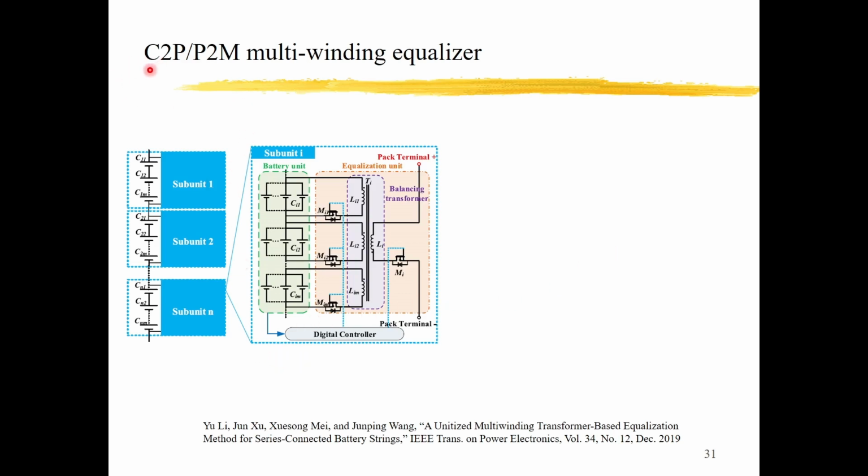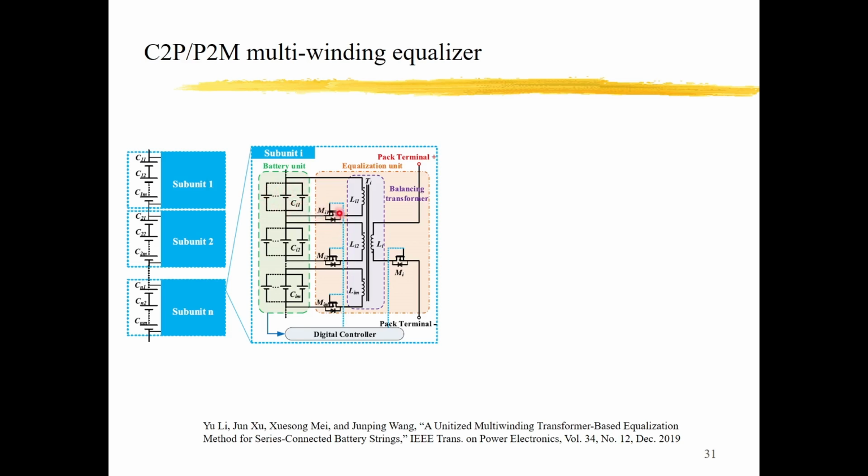In this method, it is called C2P and P2M multi-winding equalizers. C means cell, P means pack, and M means module. There are several modules here, and in this module we can transfer the energy from this cell.